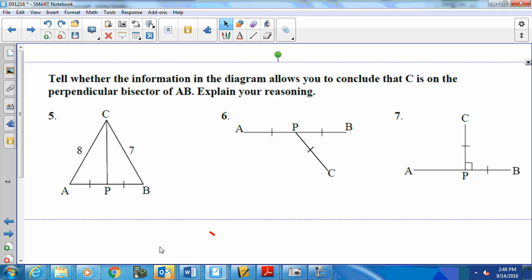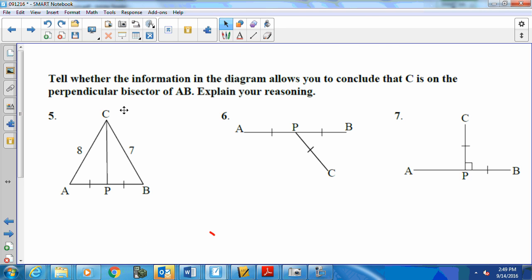All right, so number 5, if you look here, you can see that what they're asking is to tell whether the information in the diagram allows you to conclude that C is on the perpendicular bisector of AB. Explain your reasoning. So if you look at number 5, we do know that AP and BP, this segment and this segment are congruent.